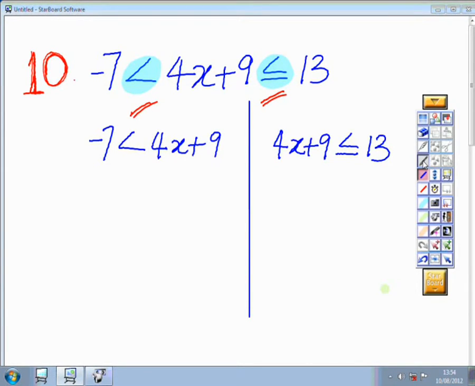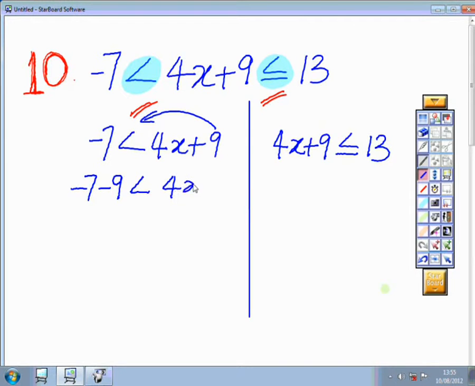On the left side, we have minus 7 is less than 4x plus 9. We transfer this 9 to the left hand side so that we have minus 7 minus 9 is less than 4x. And of course, this gives us minus 16 is less than 4x.